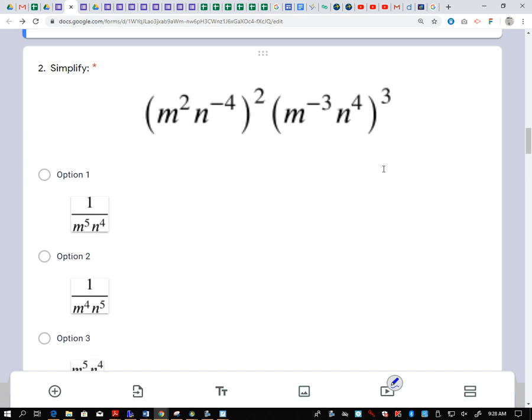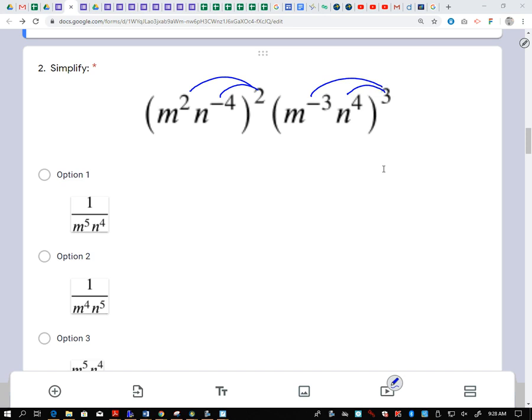Simplify. All right, big deal here is understanding rules of exponents. Okay? What am I going to do with these exponents here? Am I adding them? No, I'm doing what? Multiplying them, because I have the power rule of exponents. So I'm getting 2 times 2, negative 4 times 2, negative 3 times 3, 4 times 3, correct?